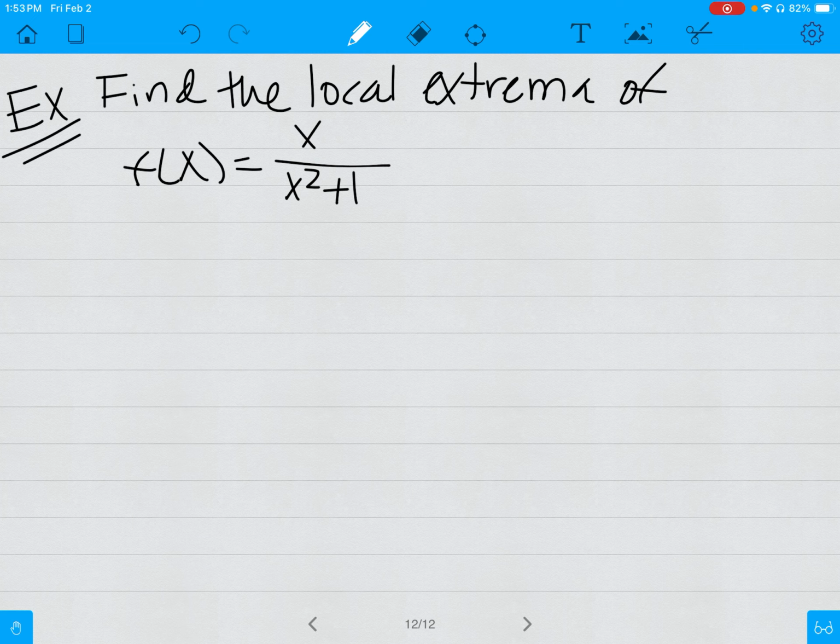Well, to find the local extrema, the first thing we need is the derivative of the function, right? So that we can use the first derivative test.